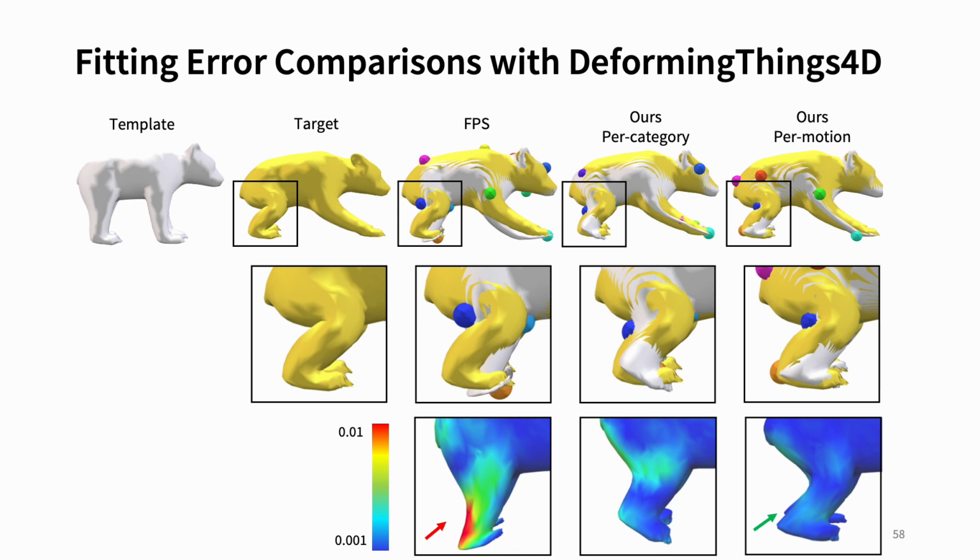In the experiment with the DeformingThings4D dataset, we highlight the effectiveness of our OptCtrlPoints in discovering the optimal set of control points for a given set of targets in a data-driven manner. Our per-motion approach significantly outperforms the FPS baseline in scenarios involving larger motion and wider variation in targets.